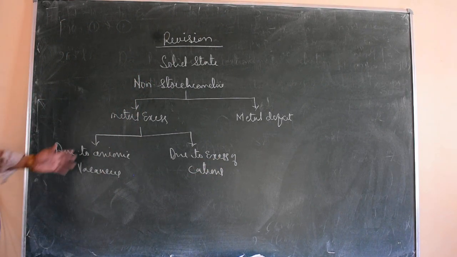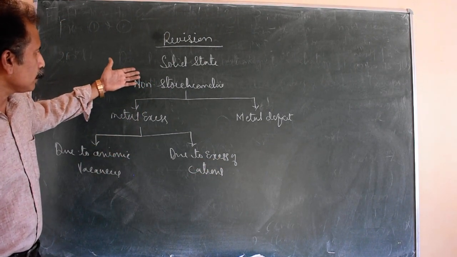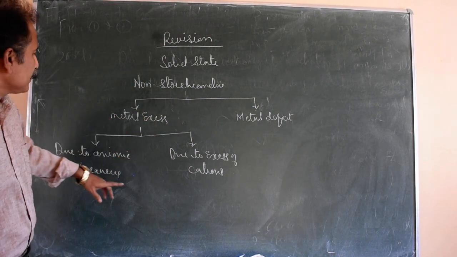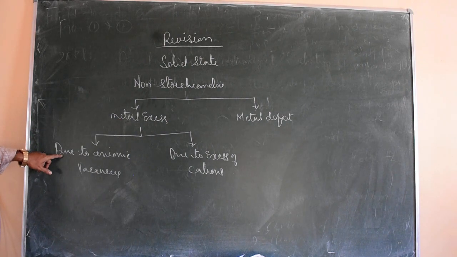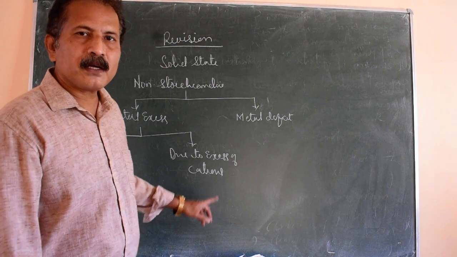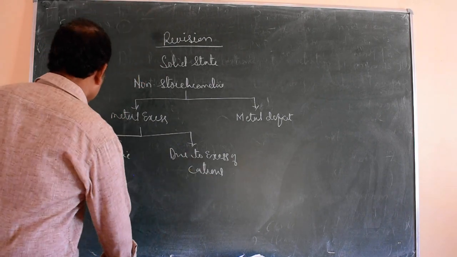Okay, so we'll see both non-stoichiometric defect classes. You have metal excess, metal deficit. In metal excess defect, due to anionic vacancies, and metal excess defect due to excess of cations.